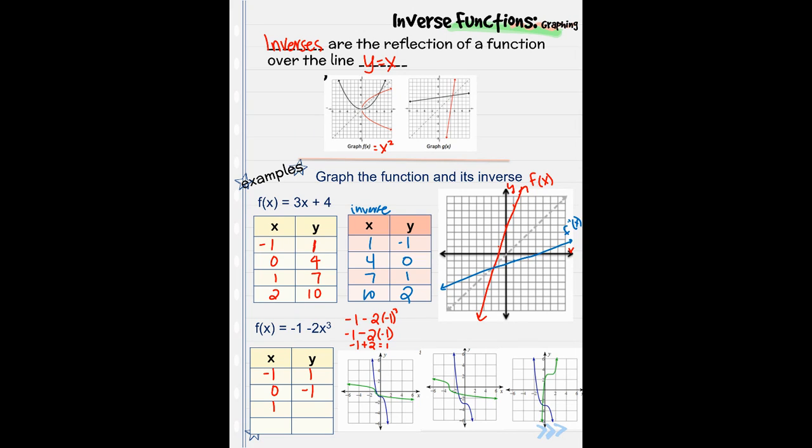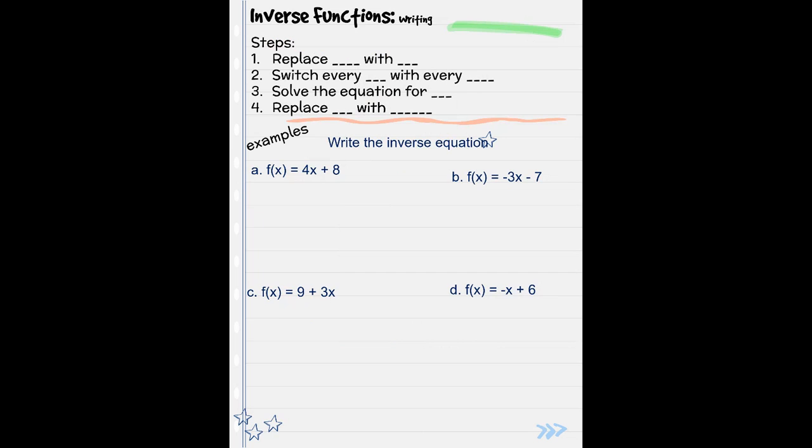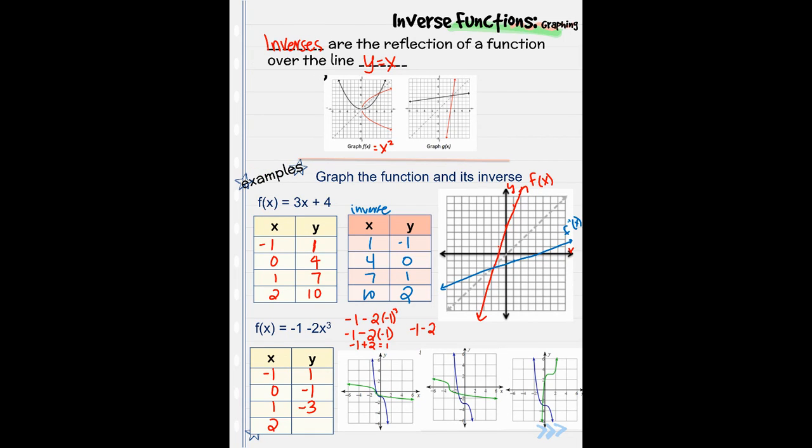So this one is -1 minus 2. The negative minus makes it bigger, so it's -3. And then do 2. I don't care about that fourth point.